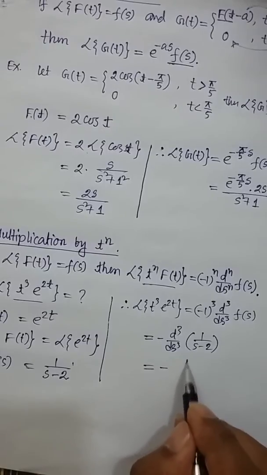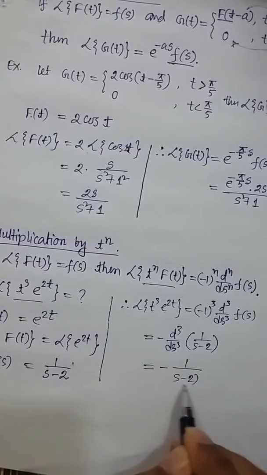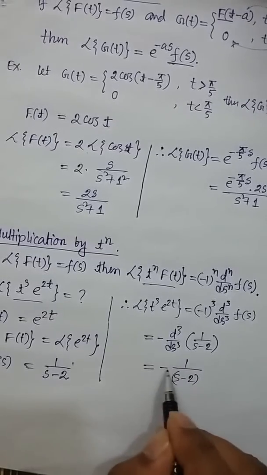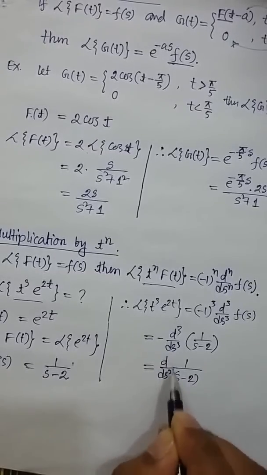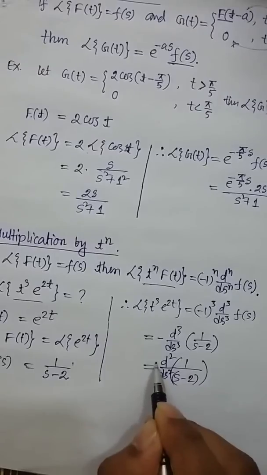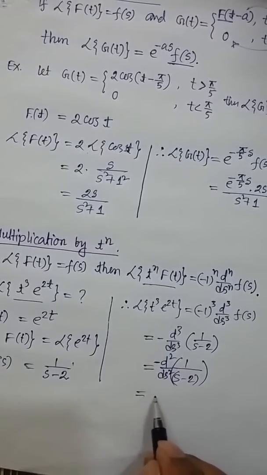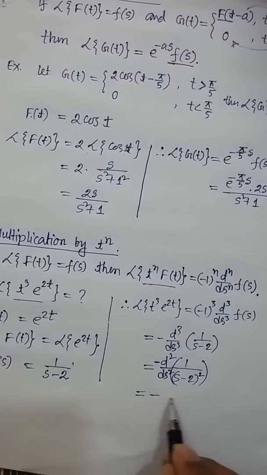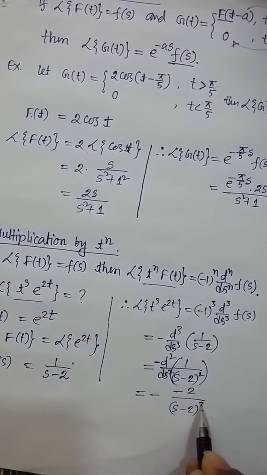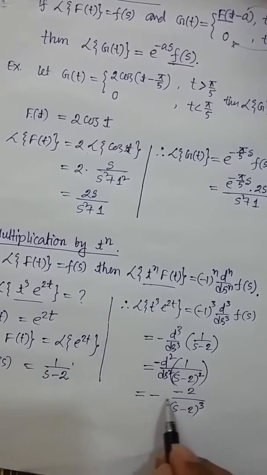The first differentiation gives minus 1 by s minus 2 whole square. The second differentiation gives plus 2 by s minus 2 whole cube.